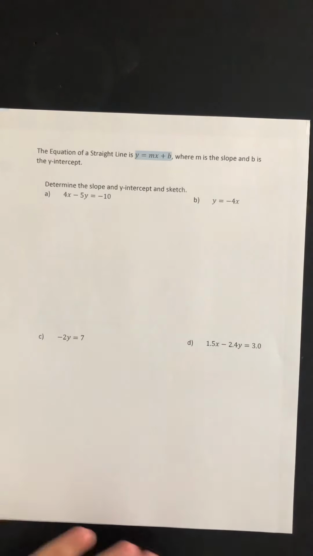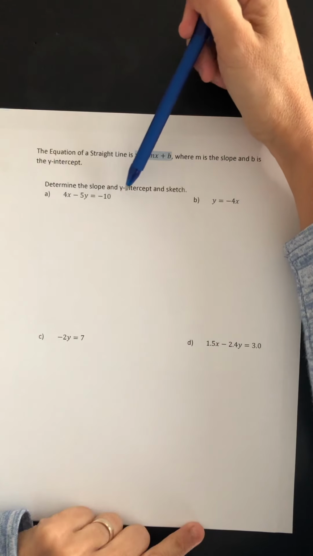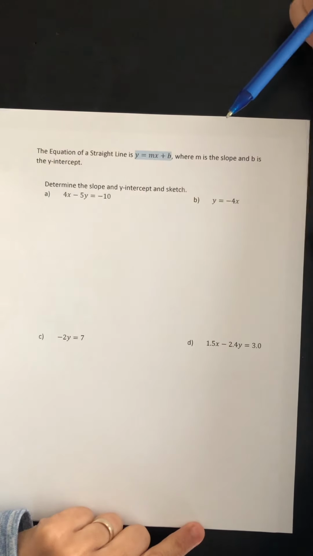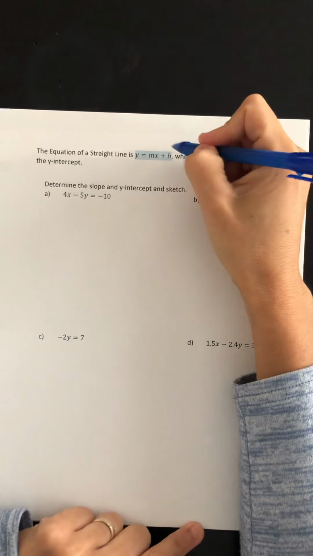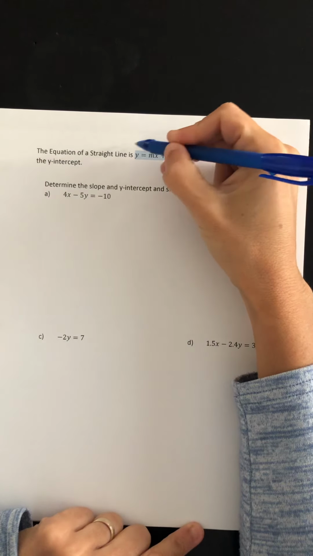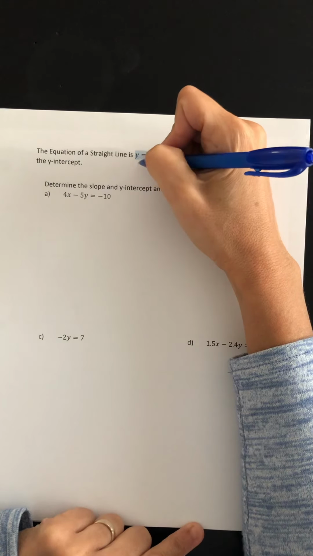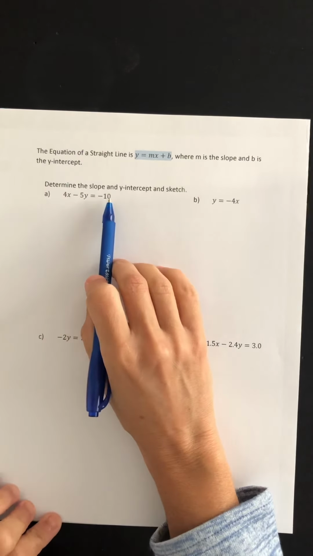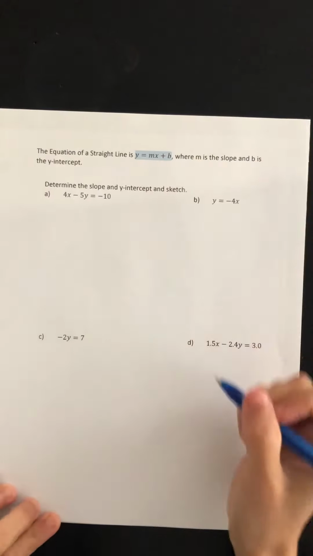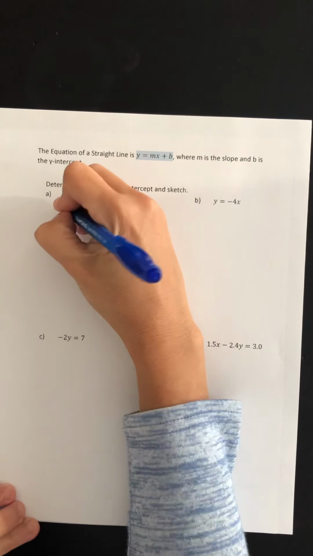Okay, so let's try this problem. We're asked to determine the slope and the y-intercept and then to also sketch the line. So in order to do this, we have to ensure we put the straight line into this form. The relevant part here is that y is isolated. So we'll move this equation into this form now. So the first thing to do is to isolate -5y.